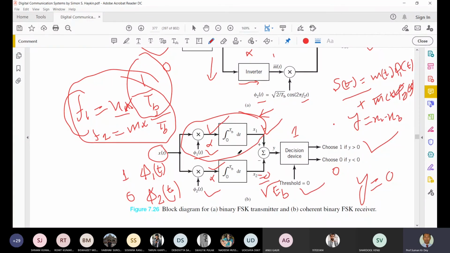So basically, when the difference equals 0, in that case, the decision will be taken randomly, like a flip of a fair coin, either 0 or 1. So we can take either 0 or 1. It is based on a random manner that it will be taken. So there may be a probability of error when we are taking this kind of decision.